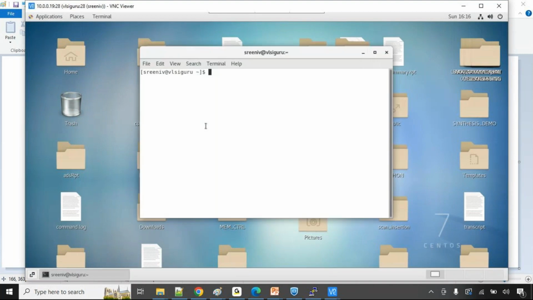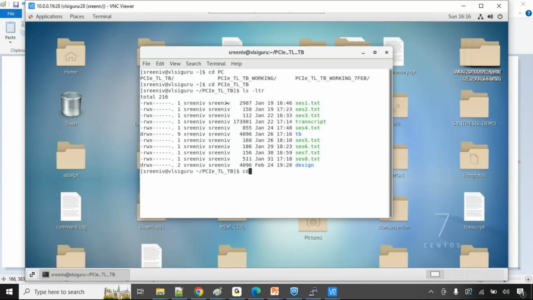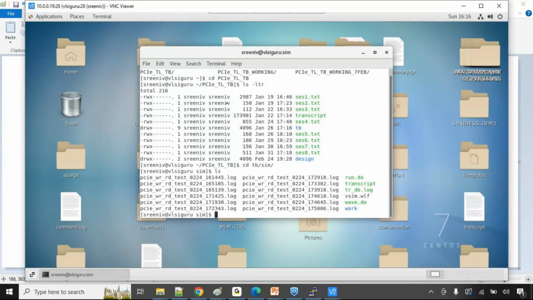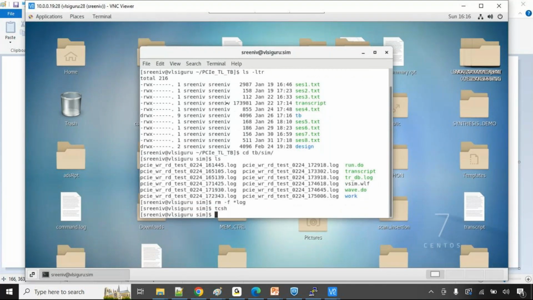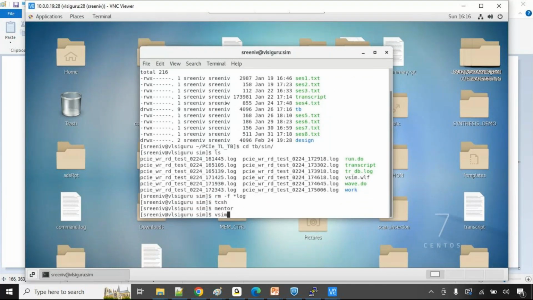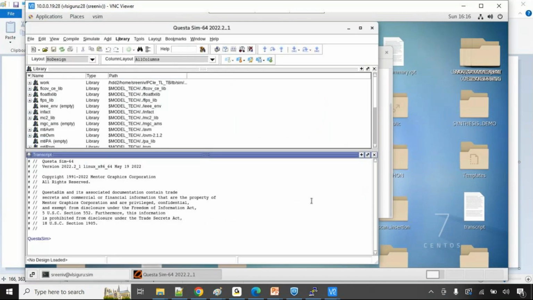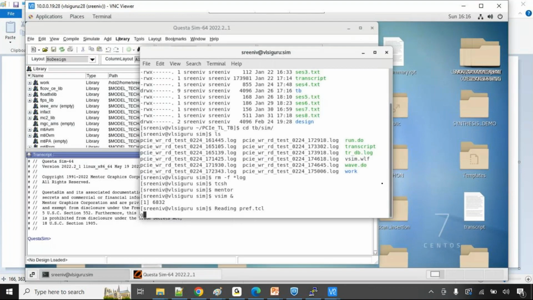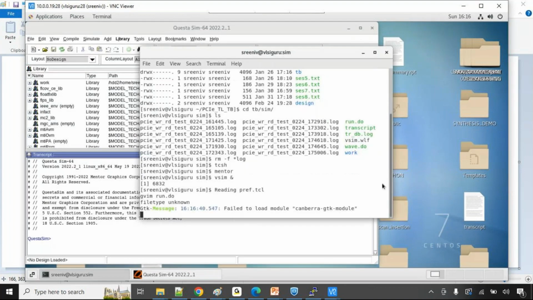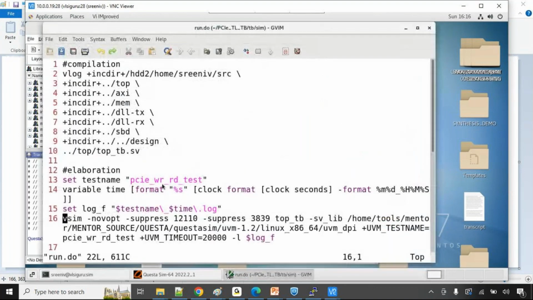So here we have developed one test case where we are doing a PCIe memory write test.